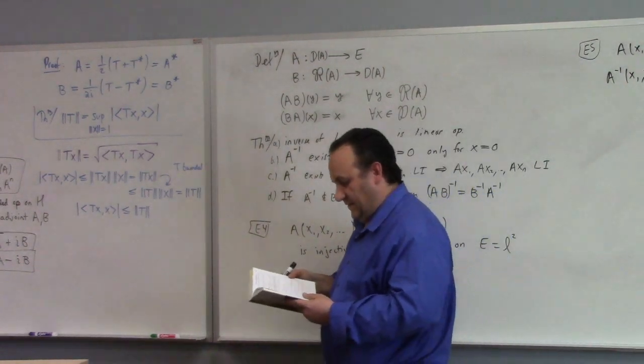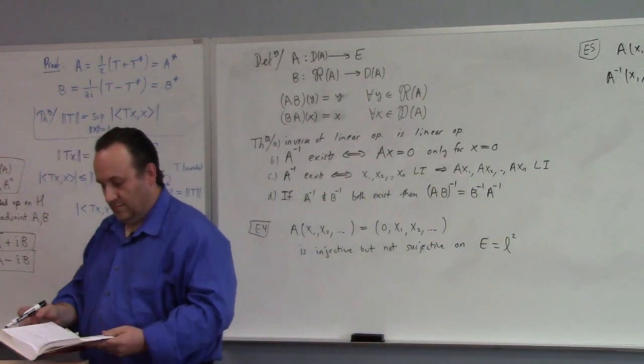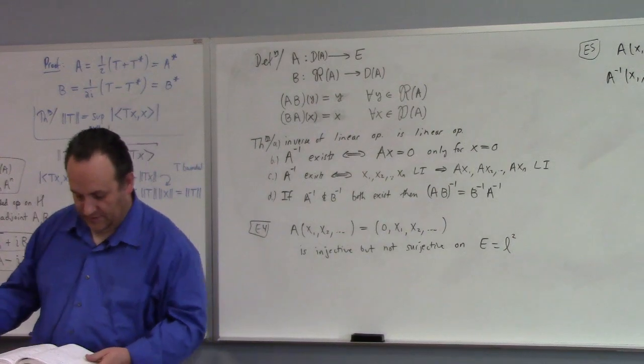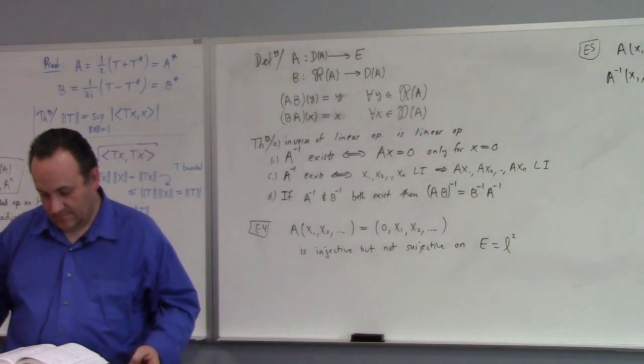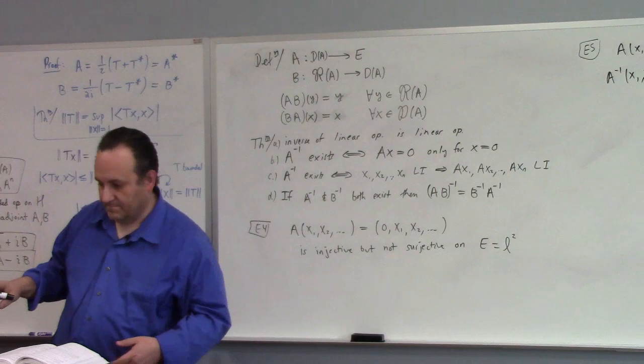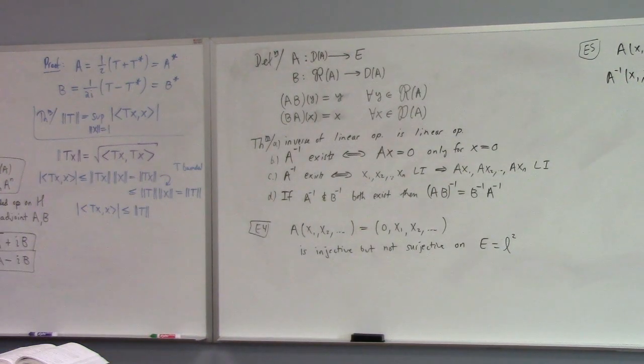And you can check that the norm, as is calculated over L2, is not, well, notice L2 is square summable sequences, right?